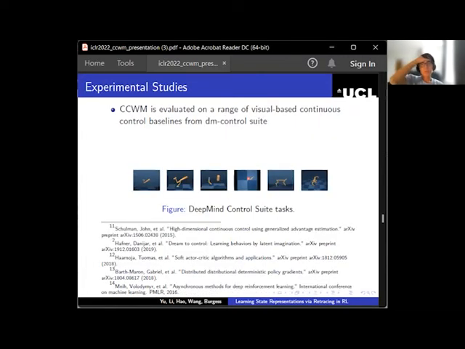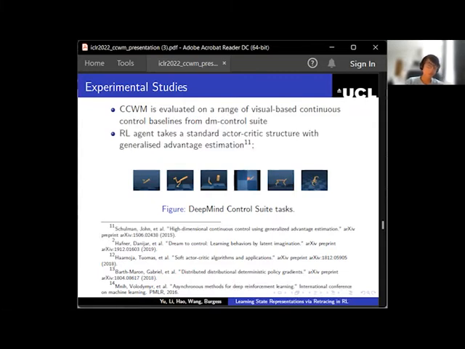In terms of the empirical studies, we evaluate CCWM on a range of challenging visual-based continuous control tasks from the DeepMind control suite. I really should have covered this, but I sort of assumed the very basic RL was common knowledge, so I skipped the slide somehow.